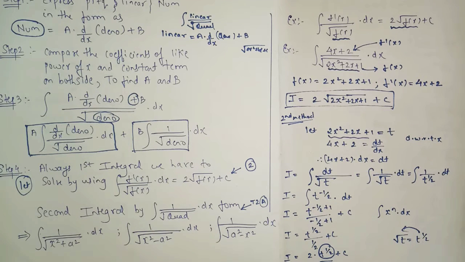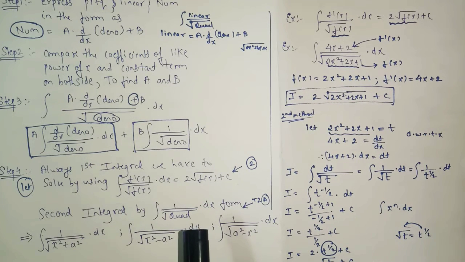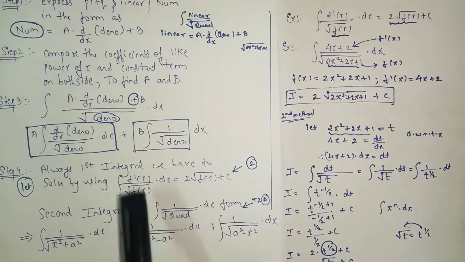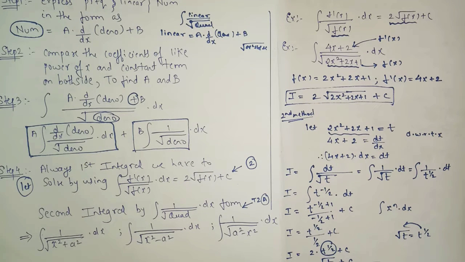As in the second part, integration of 1 upon root quadratic, there are three formulas, and we know how to solve the second part by using the third term method. So here we have three formulas: integral 1 upon root x square plus a square, 1 upon root x square minus a square, and 1 upon root a square minus x square.